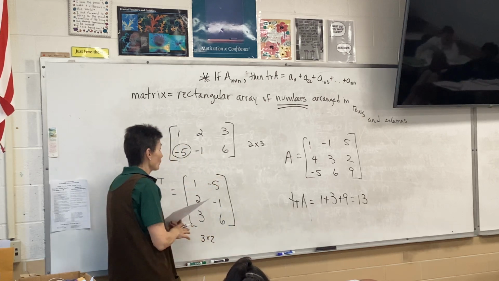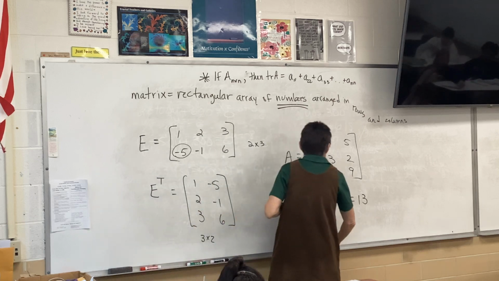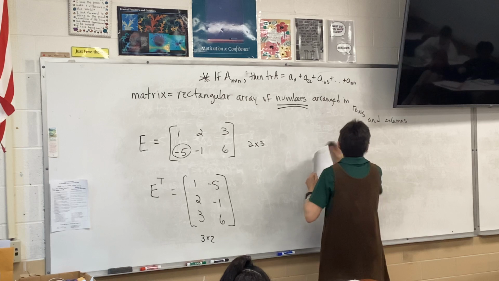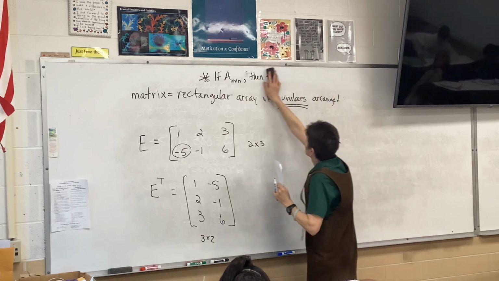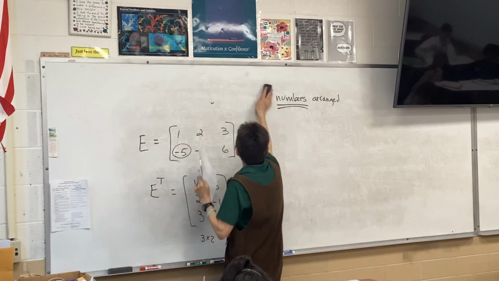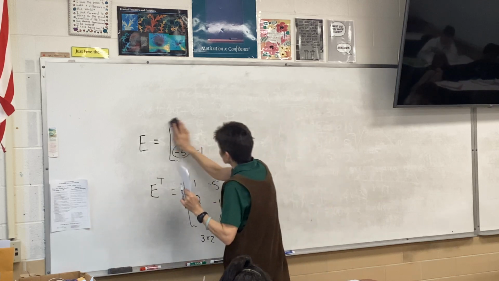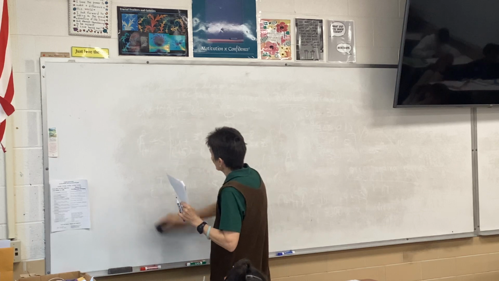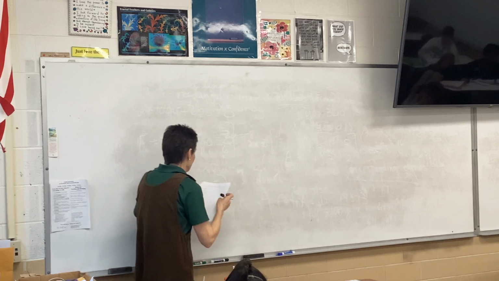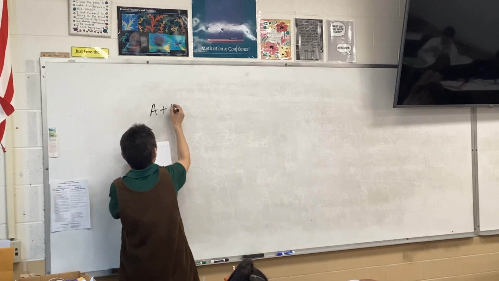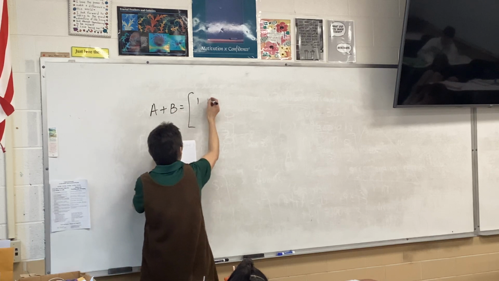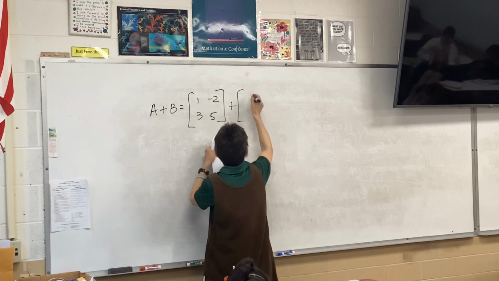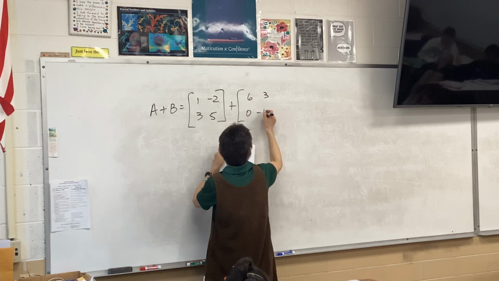Okay, so now we're ready to actually do some stuff. Yes, the transpose is the new matrix formed when you interchange the rows and columns. You may have never worked with a matrix before in your life, but you can do this problem.